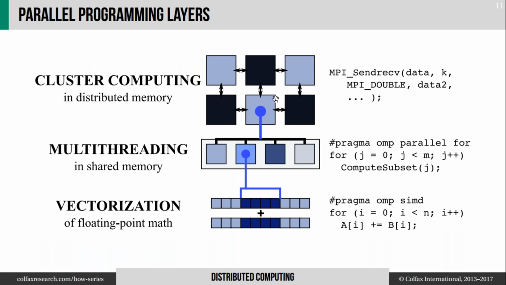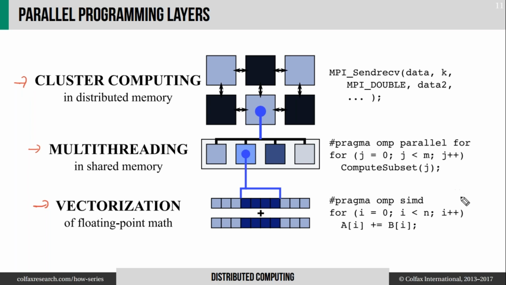For you, as software developer, what you need to understand is these layers of parallelism: vectorization, multithreading, and distributed memory computing. You have to be proactive to take advantage of them. You have to teach your application vectorization, multithreading, and message passing.